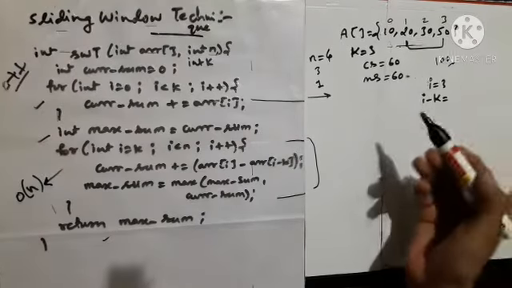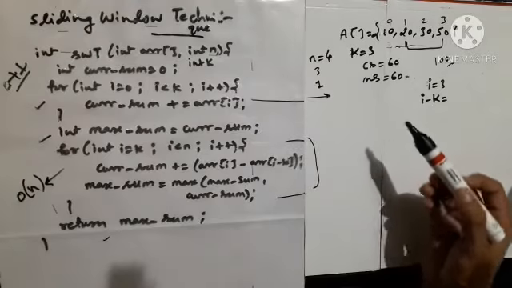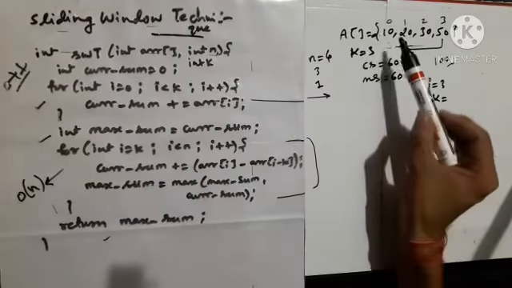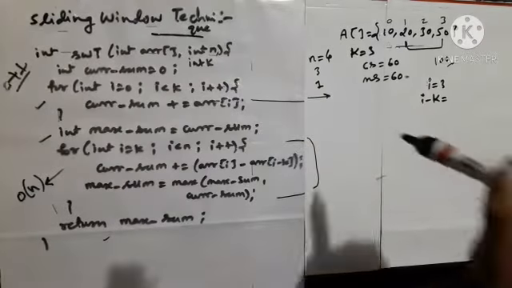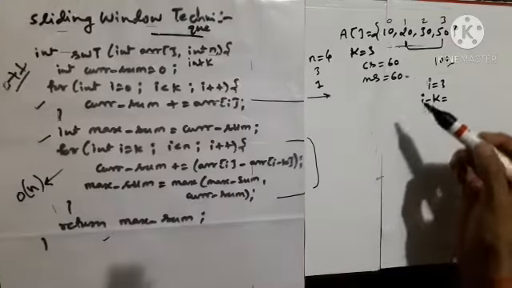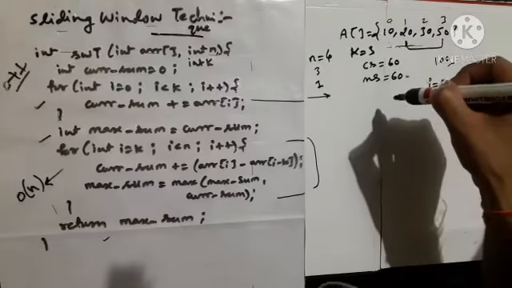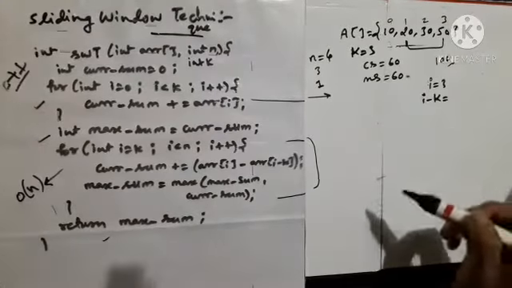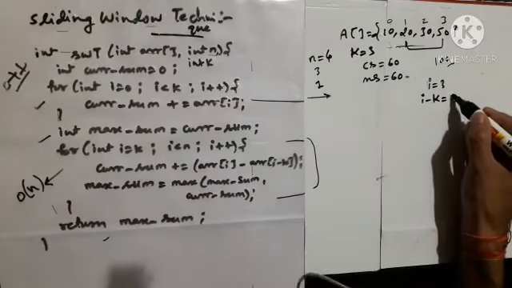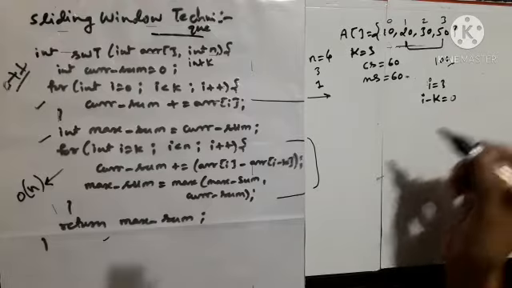Previously my first leg of the window was at the 0th index, and that I have to subtract, and now my current window's last leg points to the third index, that I have to include in my current sum. So i minus k, i value is 3, k value is 3, so it is 0. Are you getting my point?